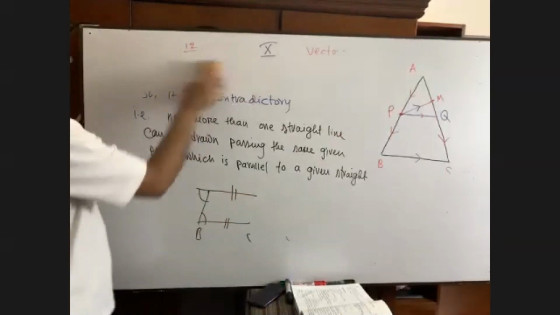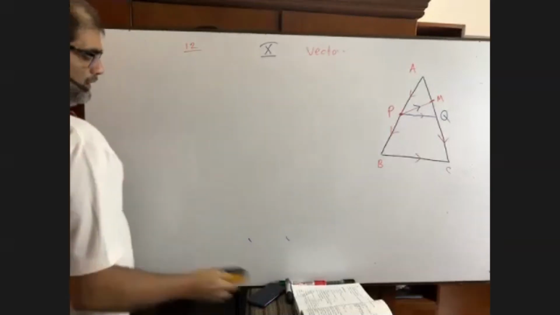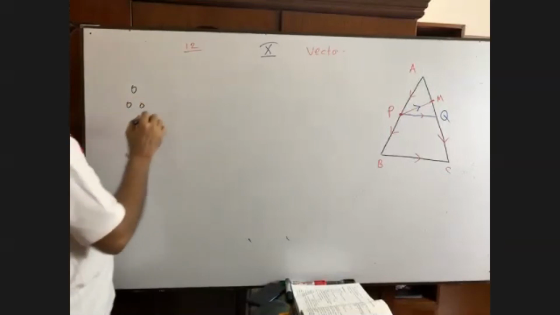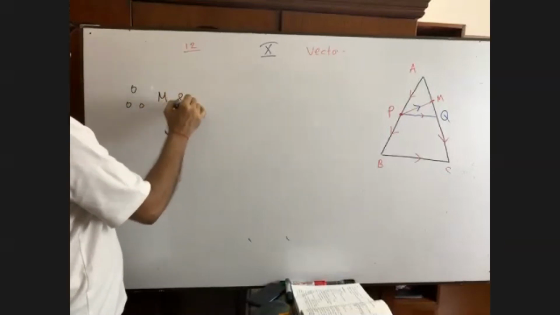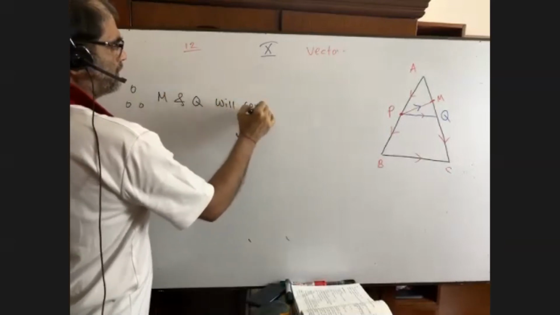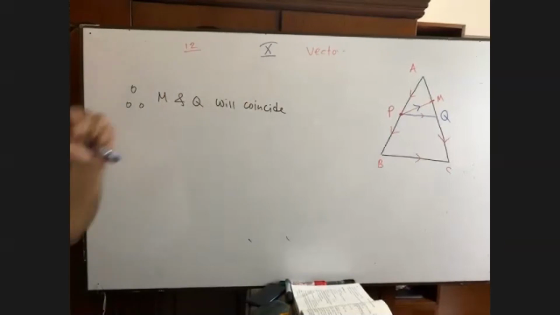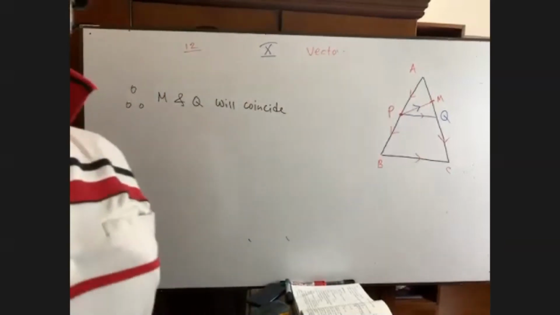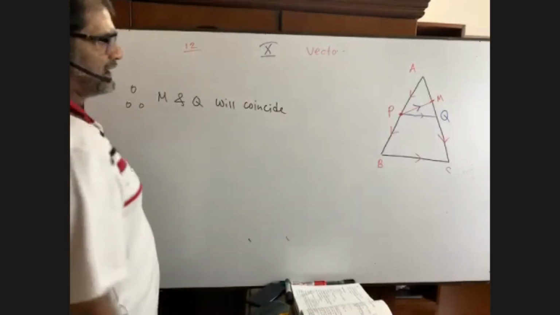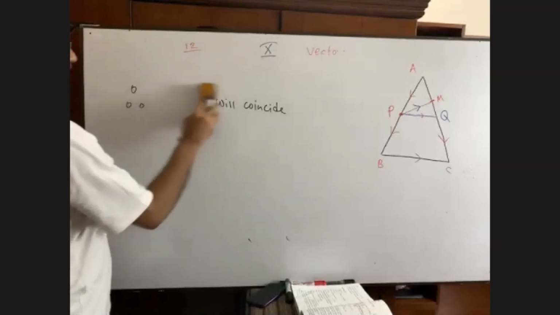That means we can write here, after that you write down, therefore, M and Q will coincide. You understand? They are not two different points. They indicate the same point. If M is the midpoint, then M will coincide. That means we can write in this way, write down.